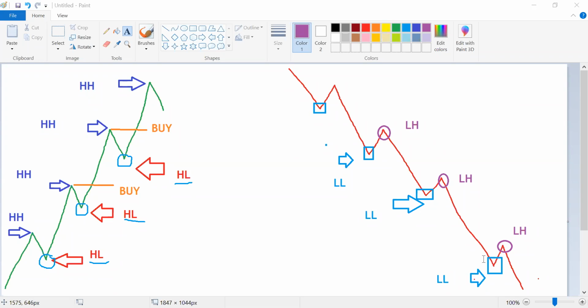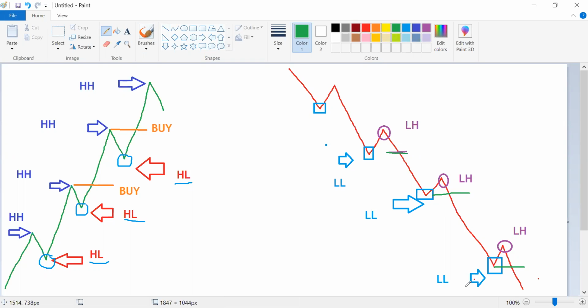When will you short? When it breaks the swing low. So if it breaks this swing low, you will short, right?